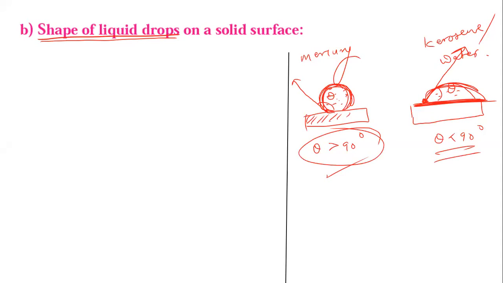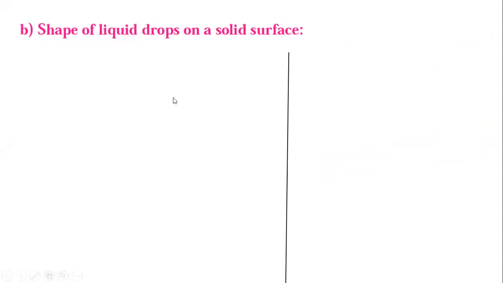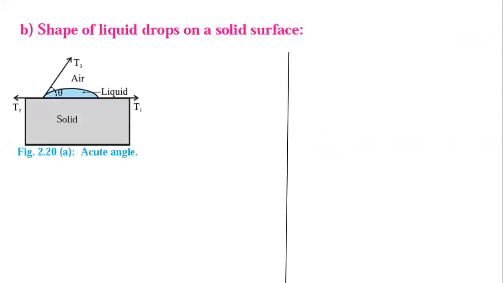Now pay attention. You remember one thing here: surface tension is a surface phenomenon. See this diagram very carefully. This diagram is given in your textbook. The same diagram I am drawing in a different way. Only the component diagram I am drawing. Pay attention before the component diagram. Let me tell you.